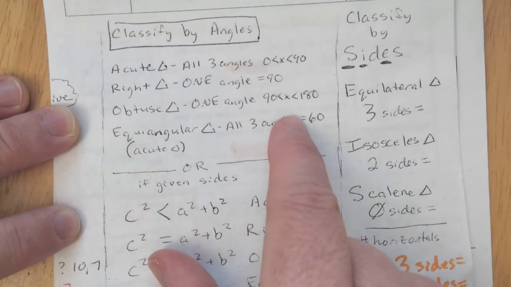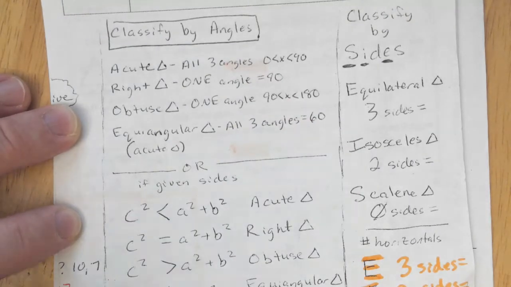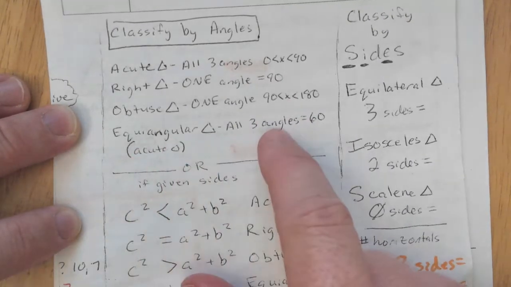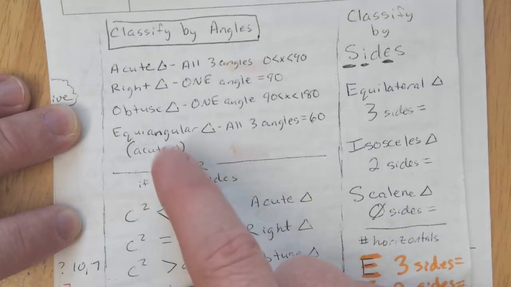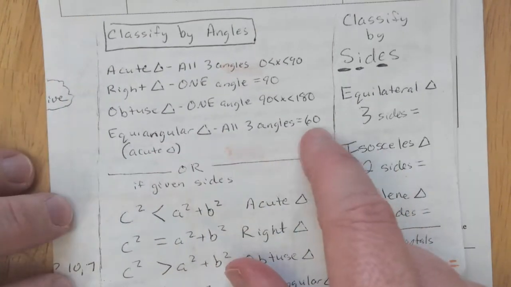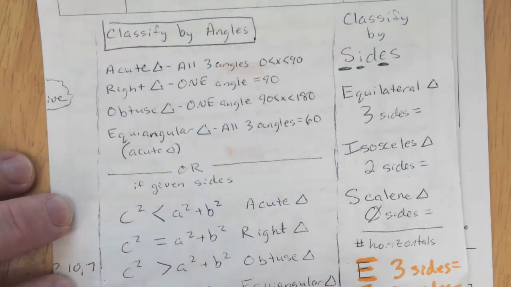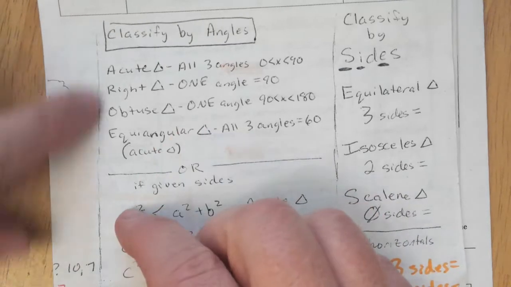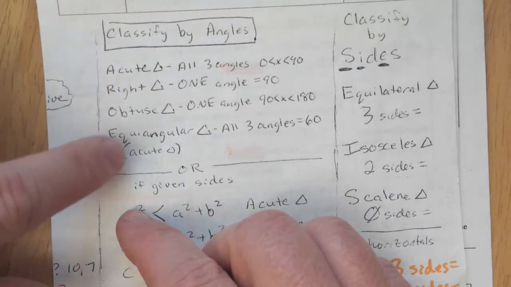If one of the angles is greater than 90, it's obtuse. Now, equal angular means all 3 angles are equal, 60. If all 3 angles are equal, yes, it's acute because 60 is less than 90 degrees, but a better word for that would be equal angular. So an equal angular triangle is acute, but this is the better word.